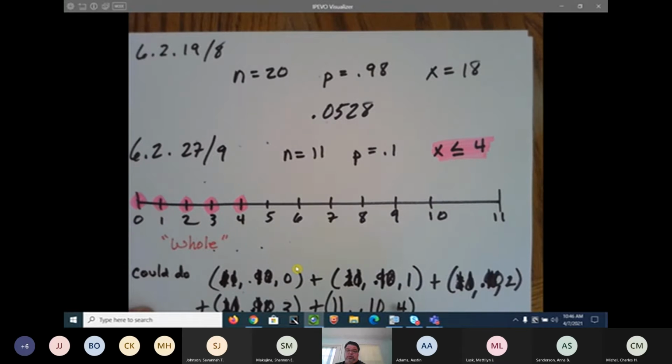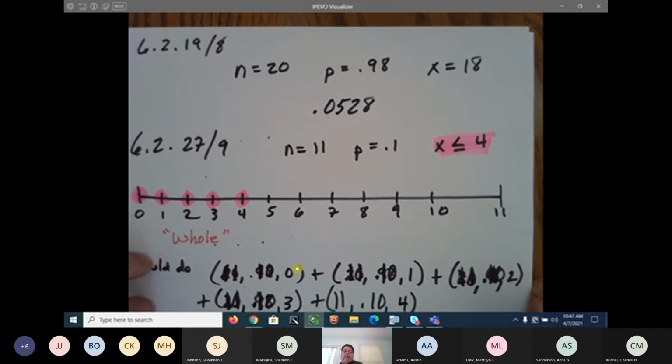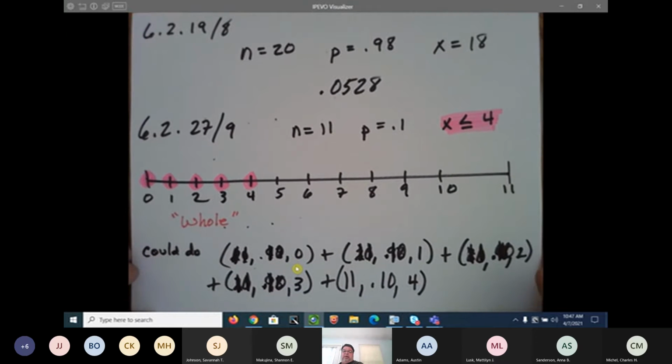Is there anything wrong with doing that? Can I do that mathematically? Yes. Why am I not going to do that? Because it's too much what? Too much work.